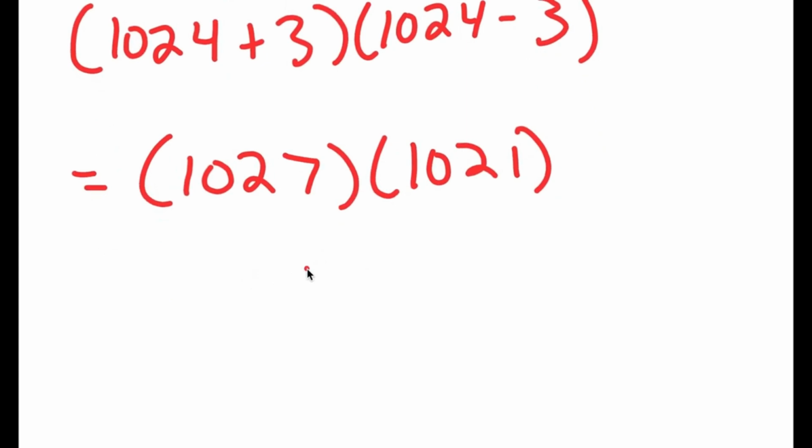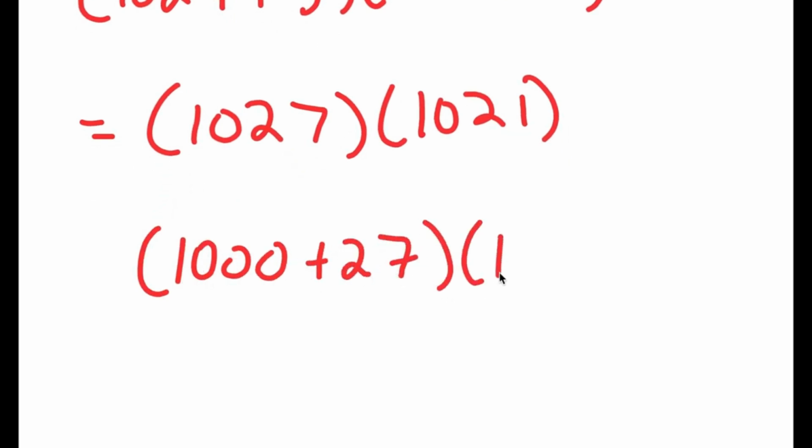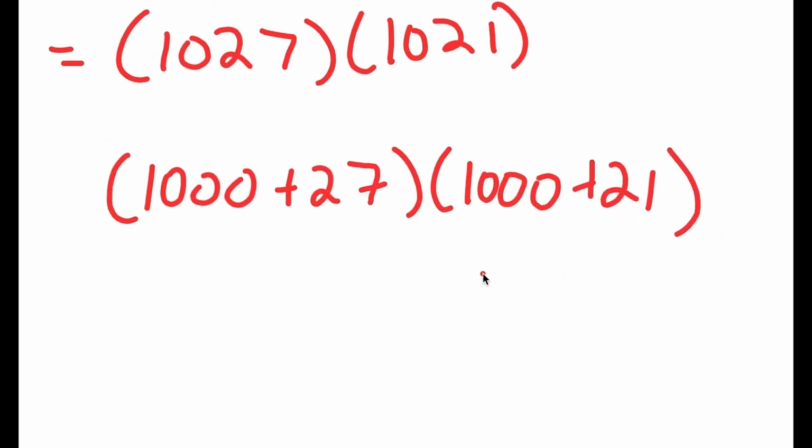Now, we can obviously multiply this like in this form, but there is a simpler way to multiply these two numbers. So what I'm going to do is rewrite this as 1000 plus 27 times 1000 minus 21. Or sorry, 1000 plus 21.